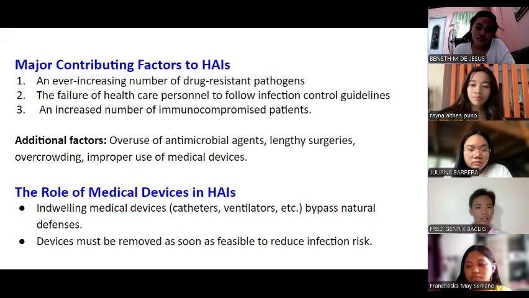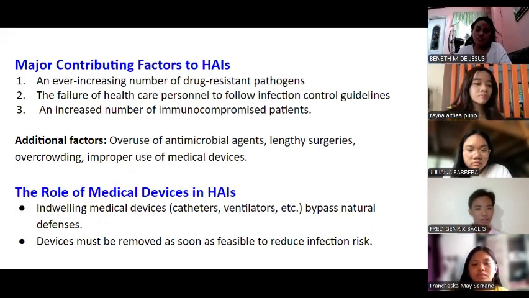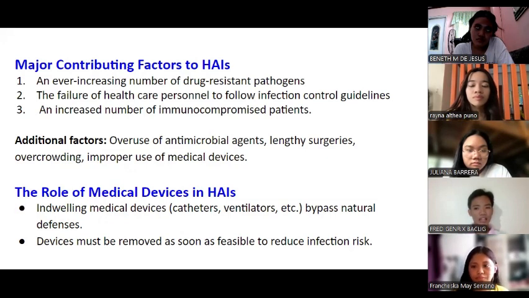So the major contributing factors to healthcare-associated infections are the following. Number one is the increasing number of drug-resistant pathogens. Over time, many bacteria, viruses, and fungi have evolved to become resistant to commonly used antibiotics and antimicrobial agents.